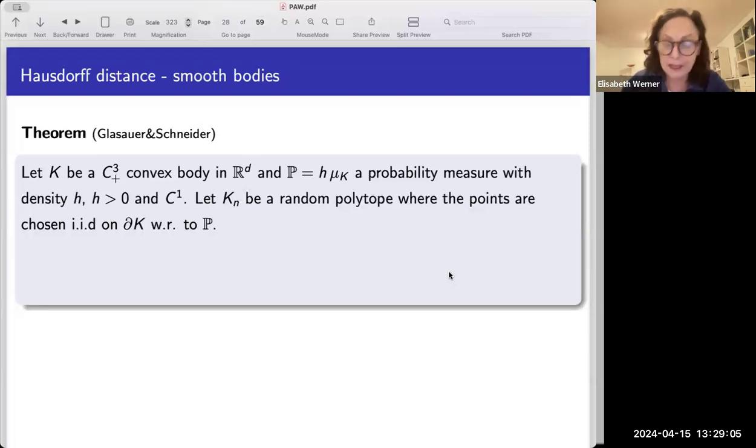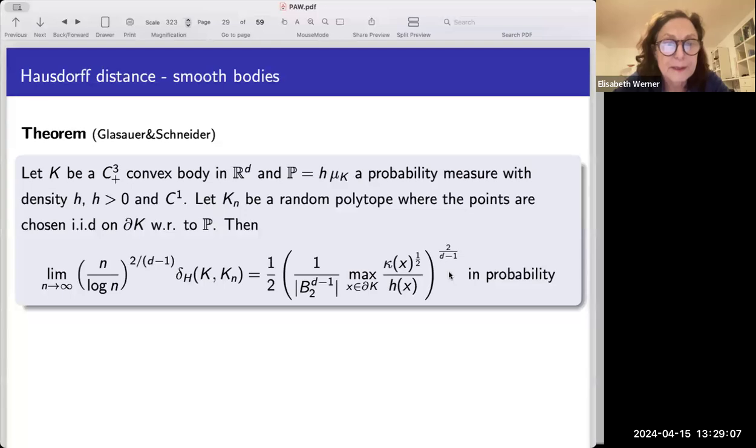Then the result by Glasauer and Schneider says that the Hausdorff distance between K and this random polytope K_n, times n over log n to the power 2 over d minus 1, in the limit as the number of chosen points goes to infinity, converges in probability to the quantity on the right-hand side. So what's the quantity on the right-hand side? Well, it's 1/2.